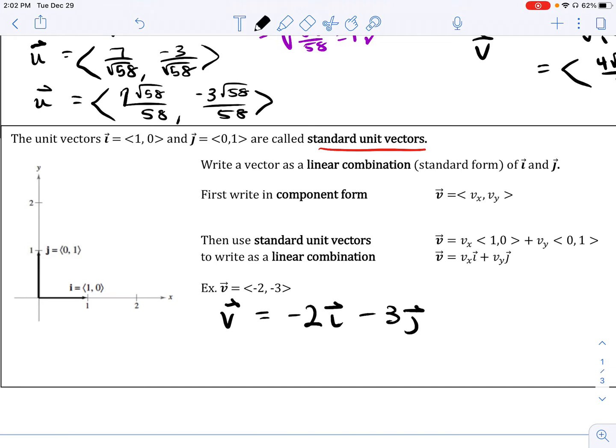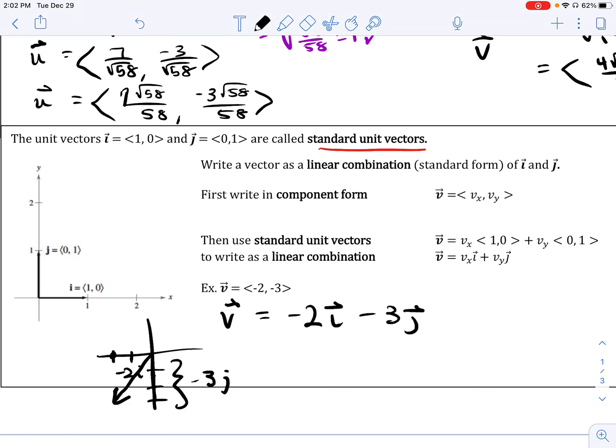And all this really means is that you have -2i vectors. To draw this out, you're going to the left 2 i's, and then you're going down 3 j's. So this would be -3j. And this is where you end up.